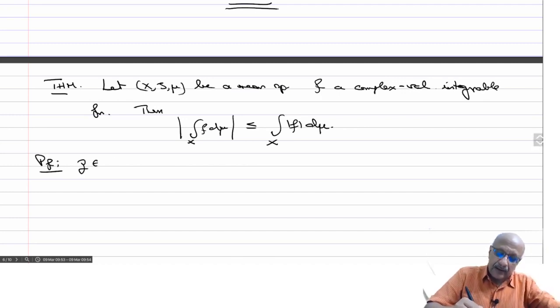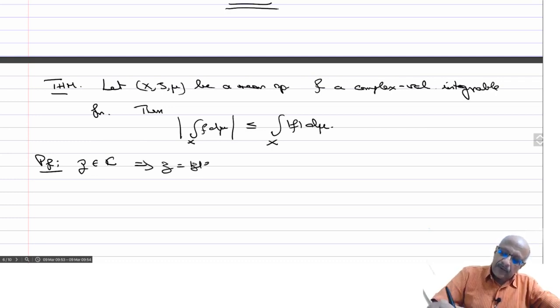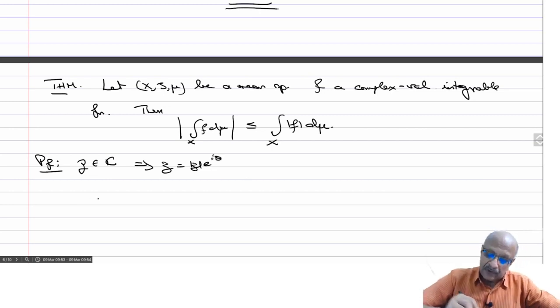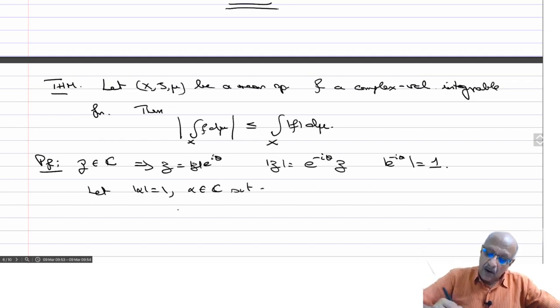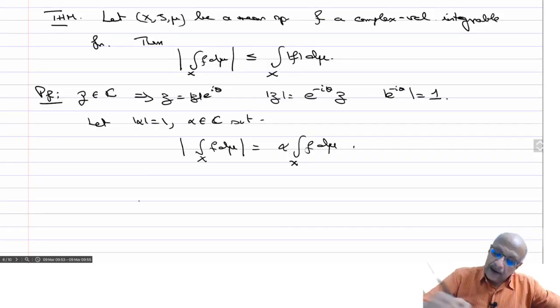So if you have z in C, then you can write z equals mod z times e power i theta, the polar decomposition, and therefore you have mod z equals e power minus i theta times z, and mod of e power minus i theta, remember, is always equal to 1. So let mod alpha equal 1, alpha in C, such that the mod of integral over x of f d mu is alpha times integral of f d mu, and let u equal the real part of alpha f.